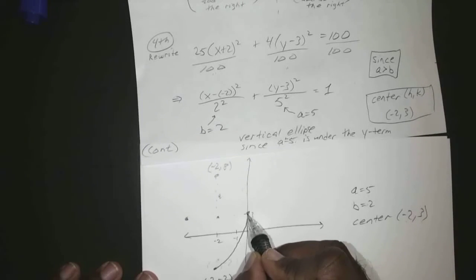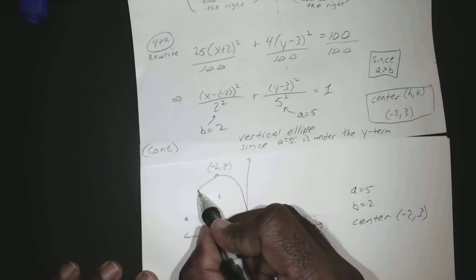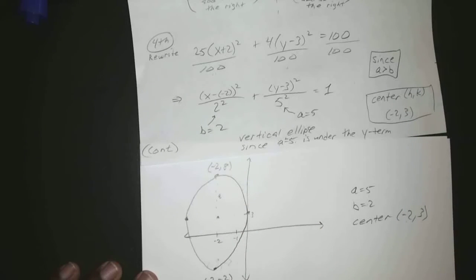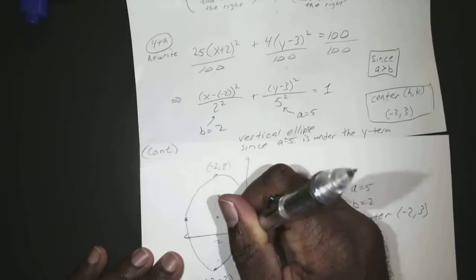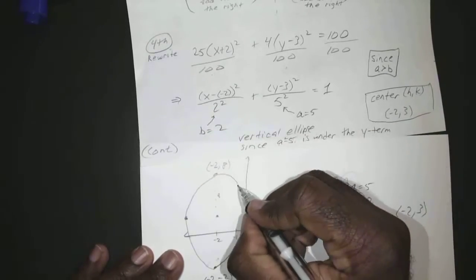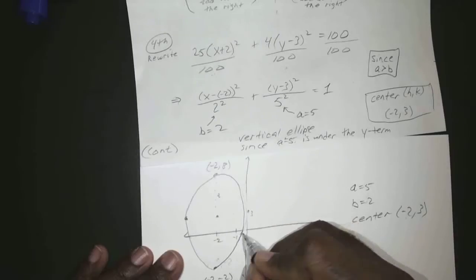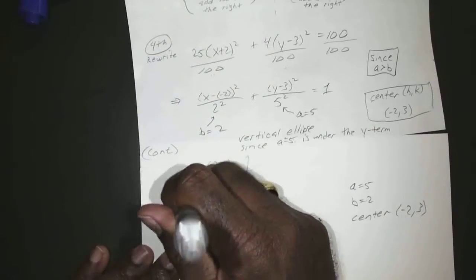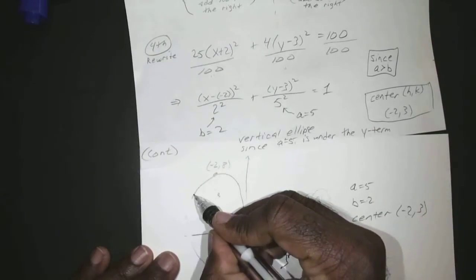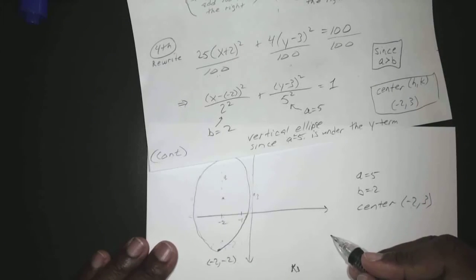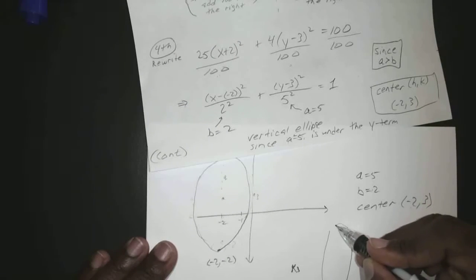Okay, so really in between there we can, yeah, I knew that was going to be off, but you hopefully get the idea. My drawing is never the best. But actually it should look like that.